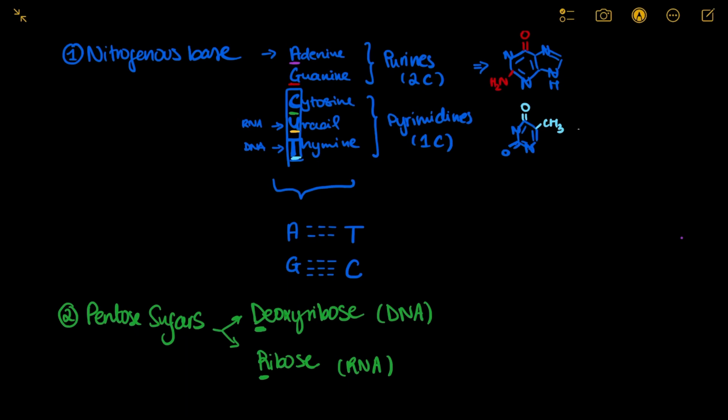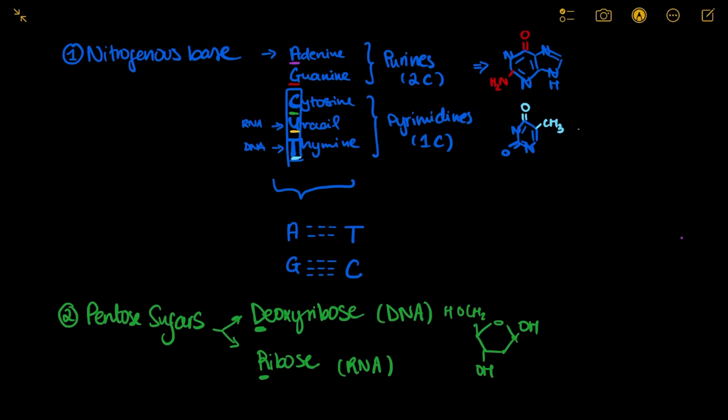The structure of these two looks like this, as you've seen at the top. H group. And the way we count carbons is always from this carbon. So this is 1, 2, 3, 4, 5. And the difference between deoxyribose and ribose is that deoxyribose, because it has the deoxy, has 1 less oxygen.